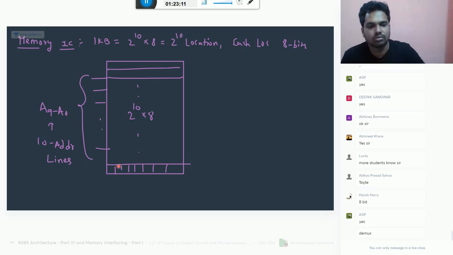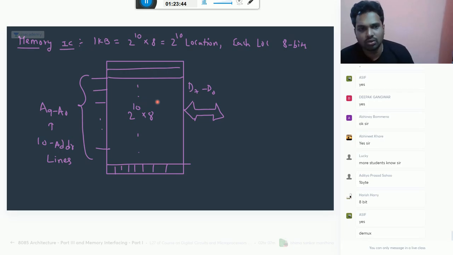It has a data bus of size D7 to D0. We can draw it here. So this is the data bus we are having, D7 to D0. How many bits? 8 bits.